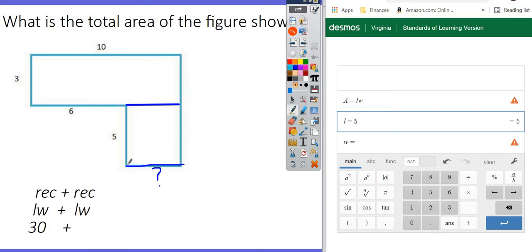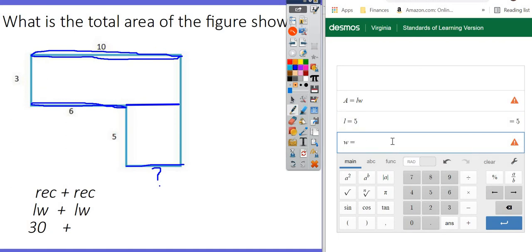Since this is a horizontal line, I need to look at all the horizontal lines in this picture. This whole side up top is 10. Then this part is 6. If I know this whole thing is 10 and this part is 6, I can subtract them to find the width.